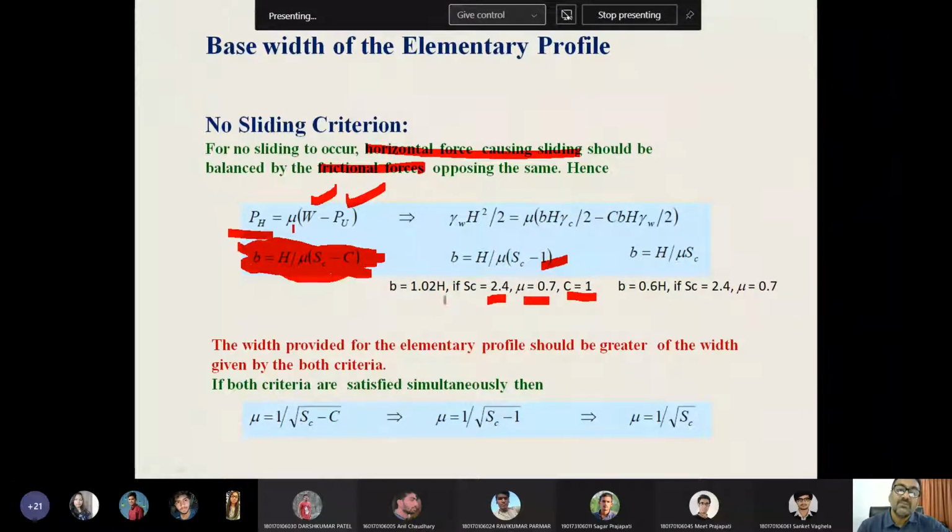In that case, the base width B is 102% of the height, 1.02 times the height of the dam. But if you take the value of C as 0, then it will come out as this much.